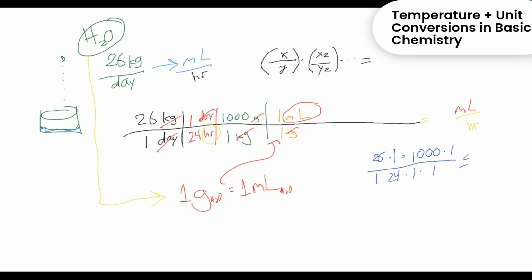And I know. You're like, well, LaFazia, that's really 26 times 1,000 over 24. Well, sure it is. Absolutely. You could completely have avoided the ones. Okay. Let's see. You can do so many fun things here.